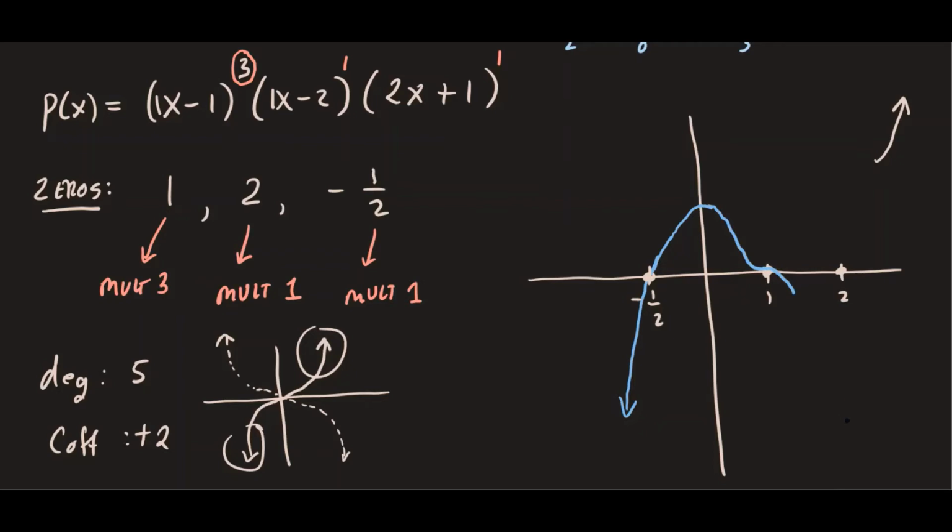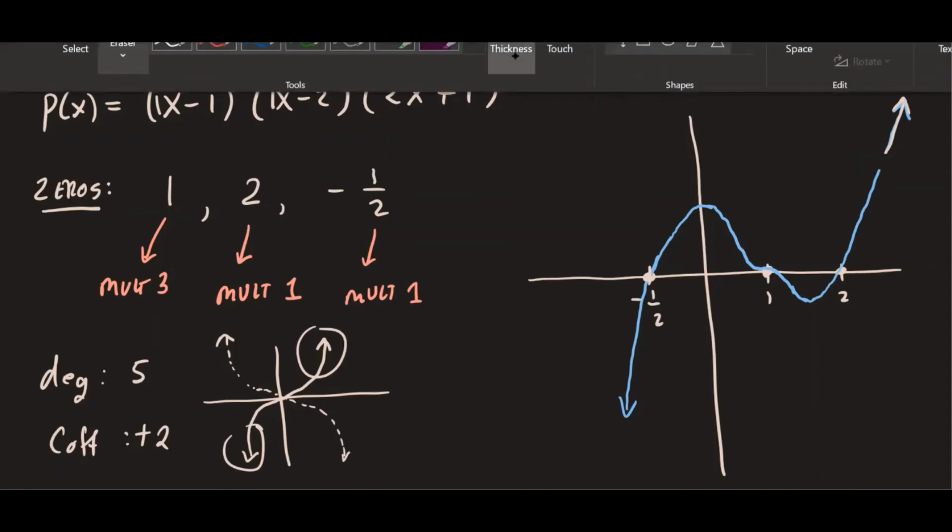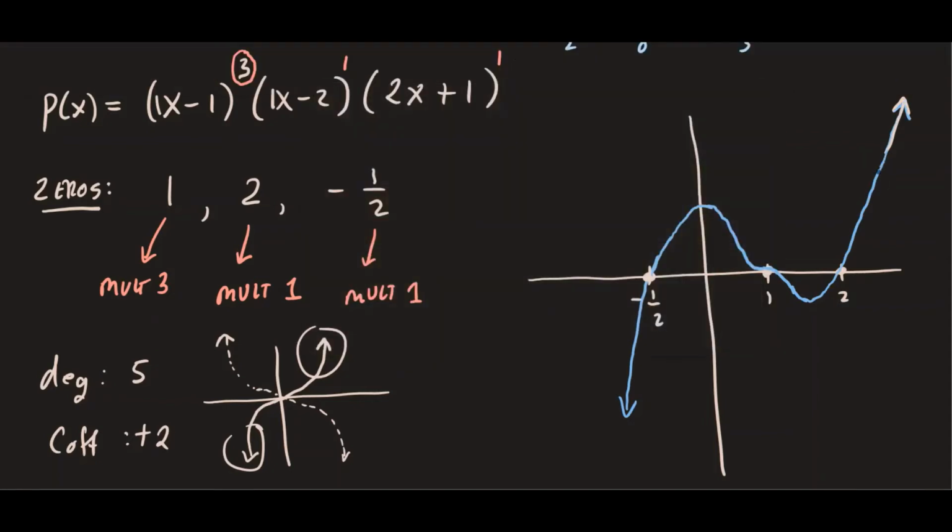And 2 has a multiplicity of 1, which means it's just going to cut through, but not making any shape other than just a linear line. So that's just a line. And that's the graph we're looking at. So I'm just going to cut that and smooth it out. So there you have the graph. Okay, so that's p of x.